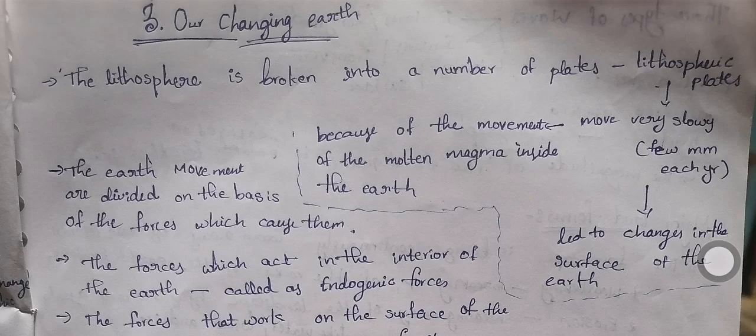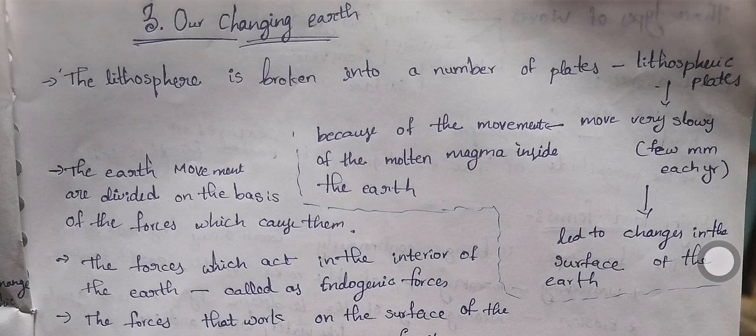Here we need to understand some depth. Actually, there are three layers in the interior of the earth, that is, earth crust, mantle, and core. In the mantle, we have molten magma on the top of the mantle.